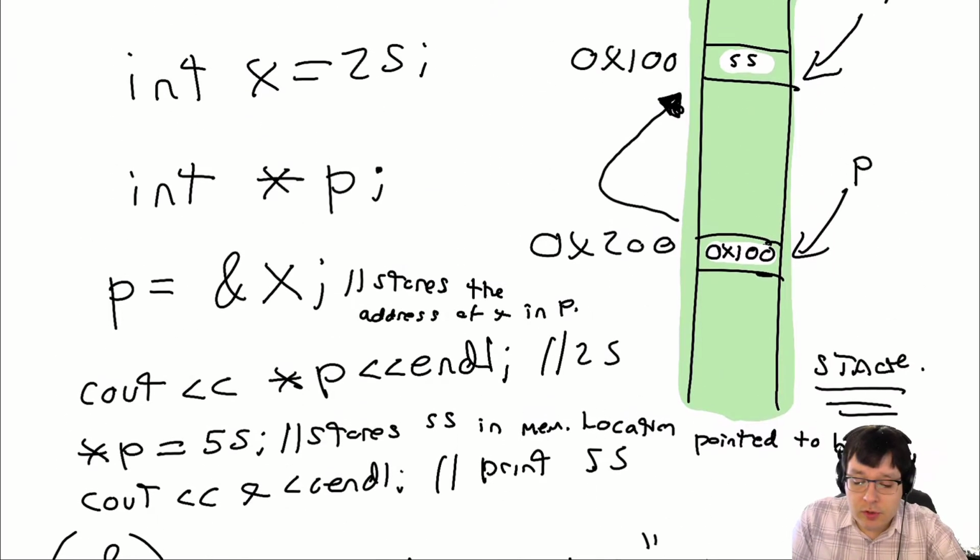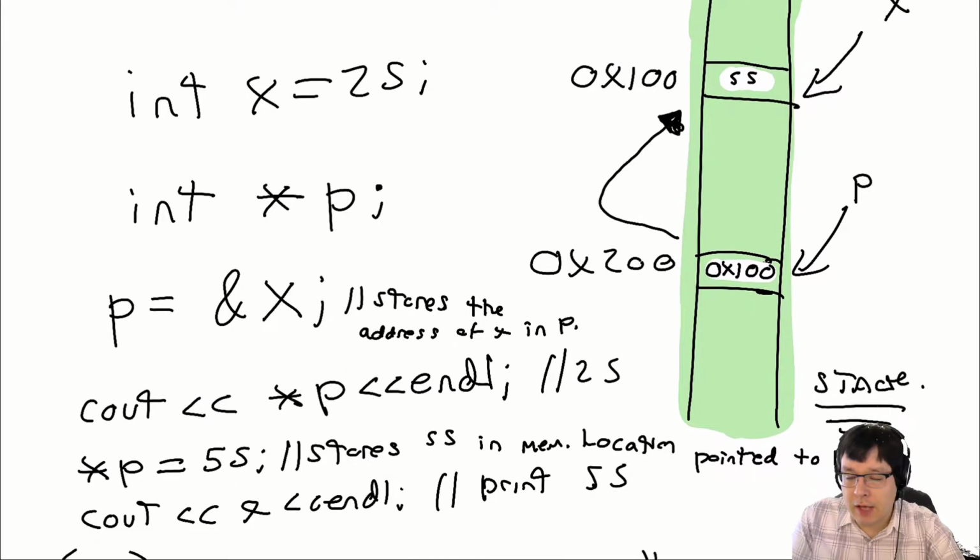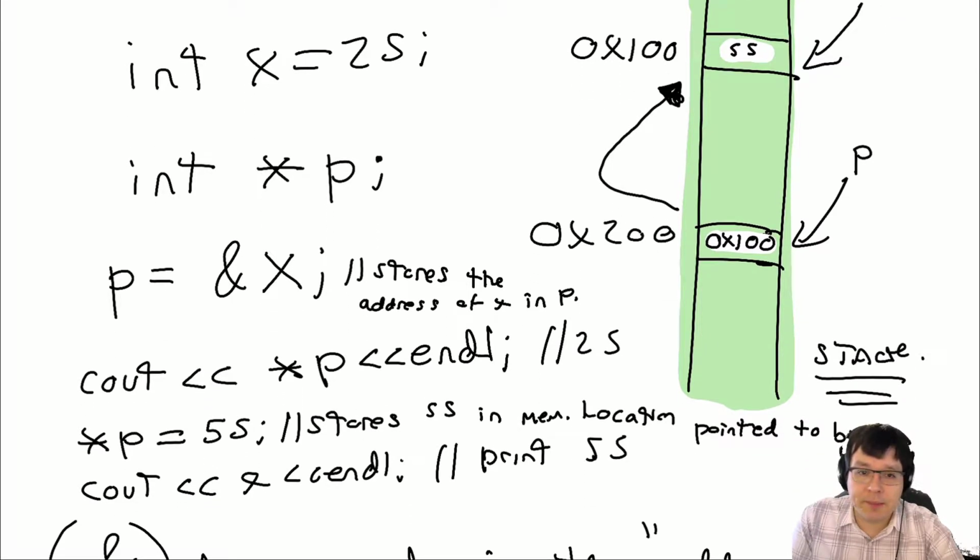For example, let's say we have an integer variable x stored in an address, and it has the number 25 in it. Then we create a pointer called p that is of integer type, which means it can point to integer variables.